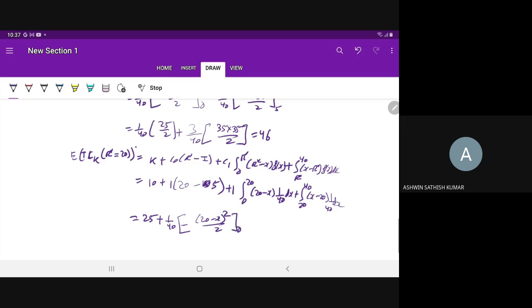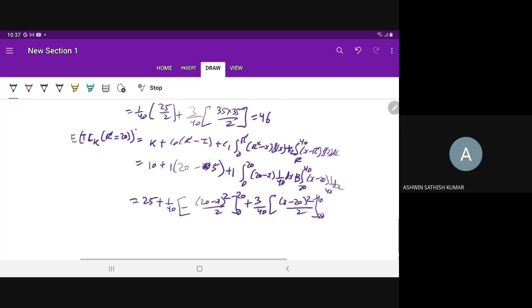So it will give you 1 upon 40 times (20 minus x) whole square by 2, from 0 to 20, plus this is the C2. C2 is 3, right? So it is 3 upon 40 times (x minus 20) whole square upon 2, from 20 to 40.